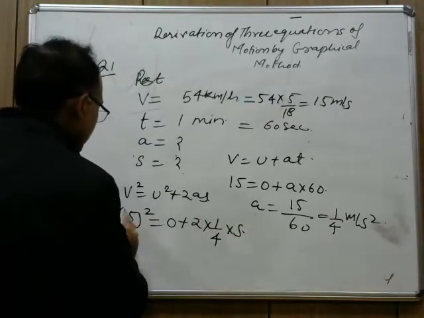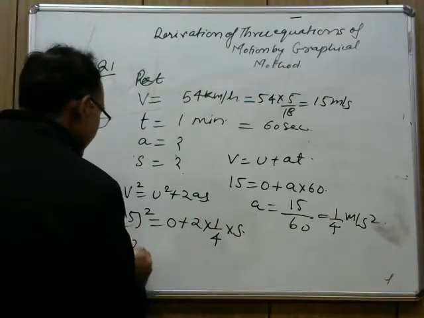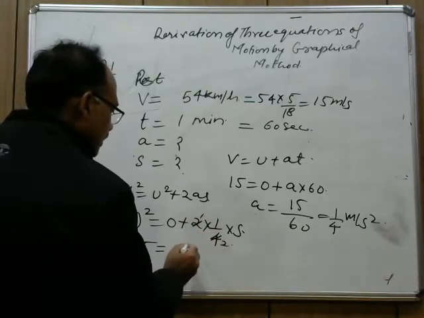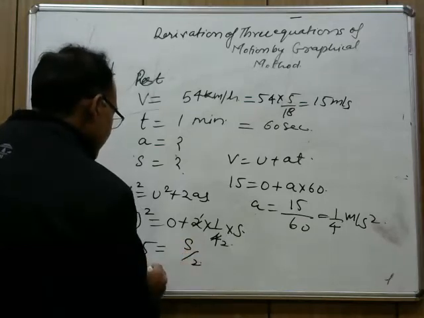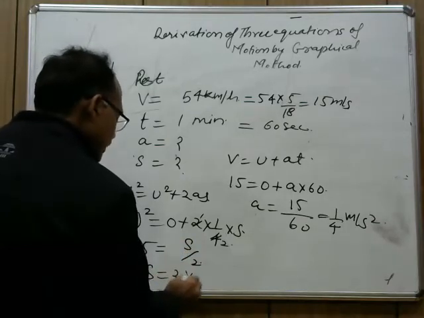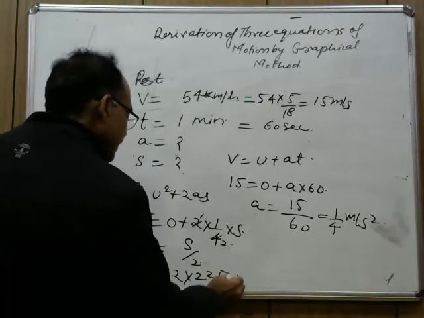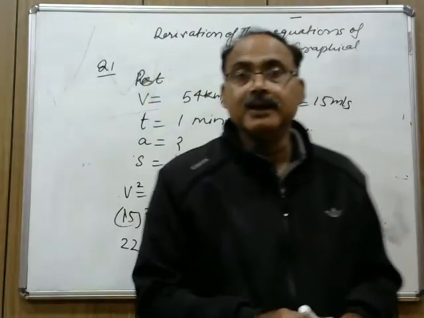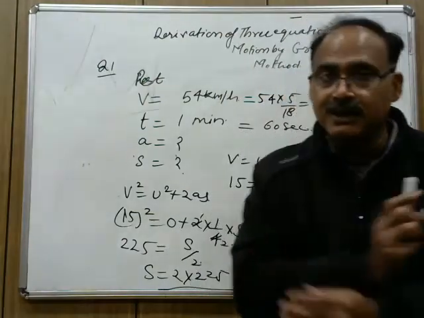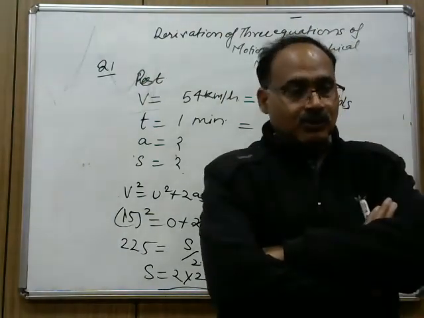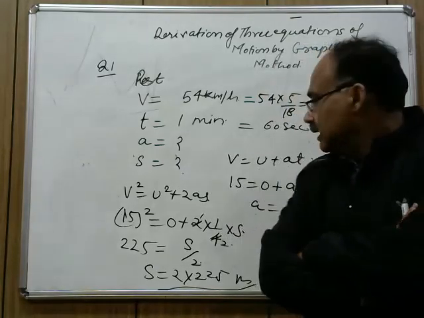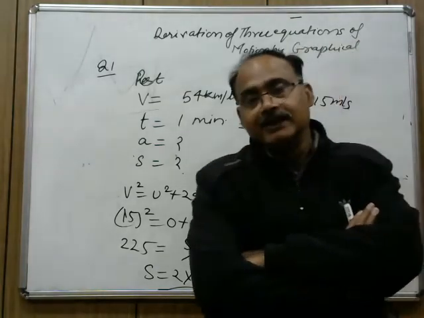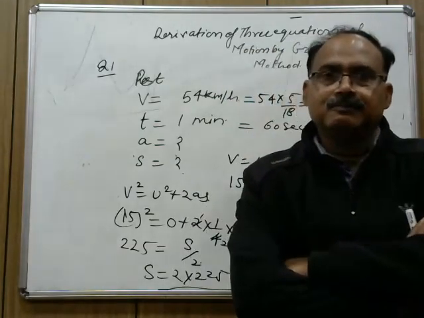Now this 15 square, 225, is equal to s by 2, or we can say s is equal to 2 into 225 meters. इसकी यूनिट क्या आएगी? मीटर आएगी, क्योंकि एक्सेलेरेशन को हमने मीटर पर सेकंड स्क्वायर में लिया है और फाइनल वेलोसिटी को हमने लिया है, that is in meter per second. In fact, it was given in kilometer per hour.